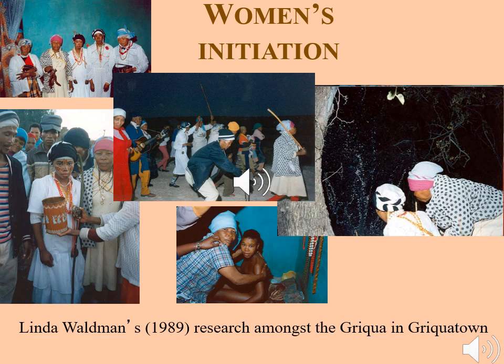You have to link yourself in a positive way to the water snake, and this is one of the first things that gets done after a girl comes out of isolation. And in this picture here at the right, you can see there's the auntie on the right and the initiate here on the left, and if you look carefully you can see splashes of water.